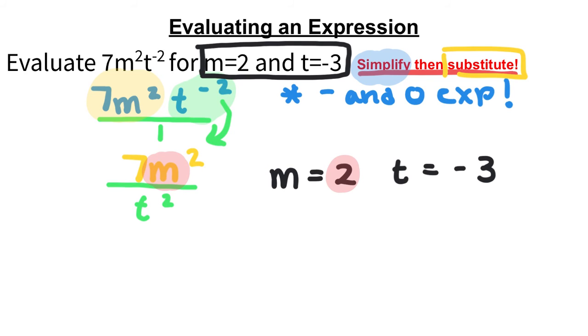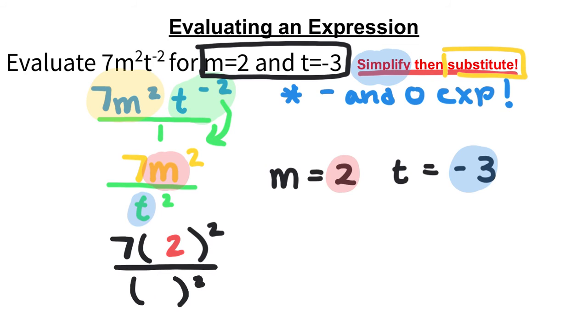This part of the expression would become 7 with the number squared, and I'm filling in the value of 2. And then I also see in the bottom, I have a t here, which I can substitute the negative 3 for. So it becomes over that number squared, and I fill in the negative 3.